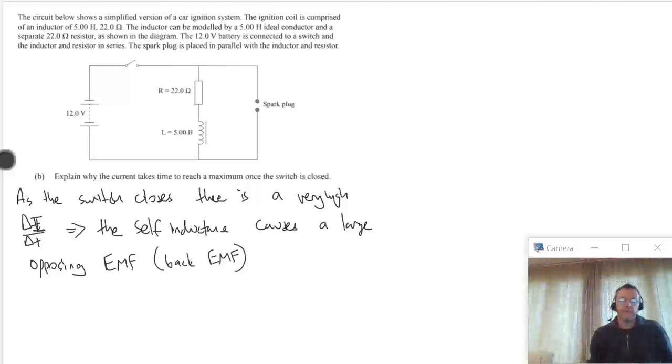And opposing, we mean opposing the current. So that slows down the build-up of current.